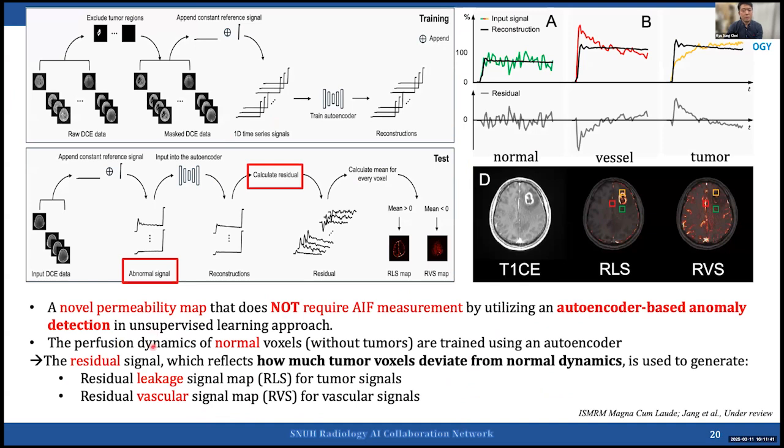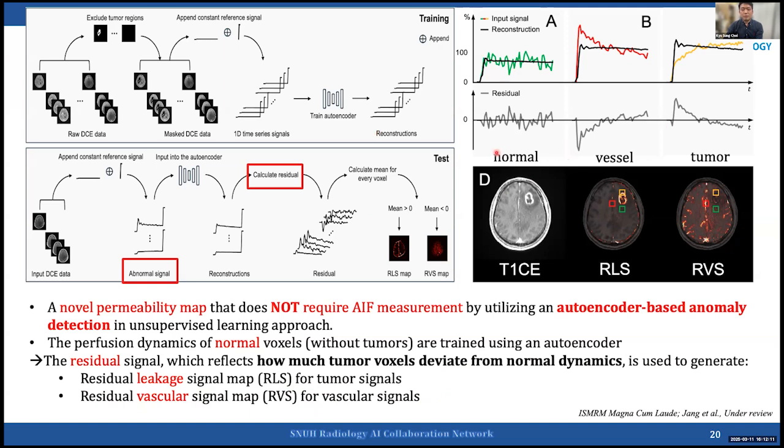The perfusion dynamics of normal voxels are trained using an autoencoder, and when abnormal signals come in, the residual signals, which reflect how much tumor voxels deviate from normal dynamics, are used to generate residual leakage signal maps, or RLS, for tumor signals, and residual vascular signal maps, or RVS, for vascular signals.